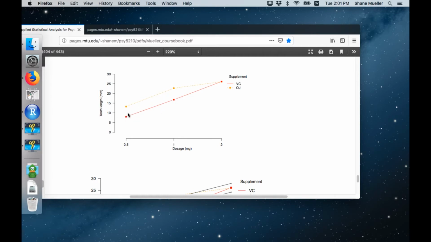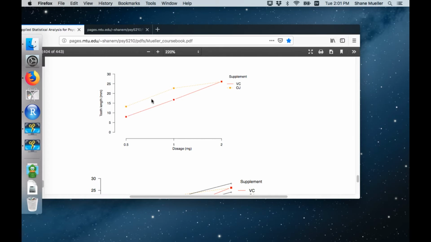So the size of the interaction is really this difference minus this difference, and you can get that by making a formula of the contrasts on which these are coded.